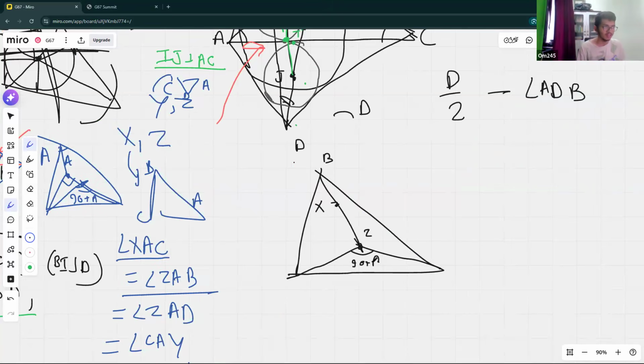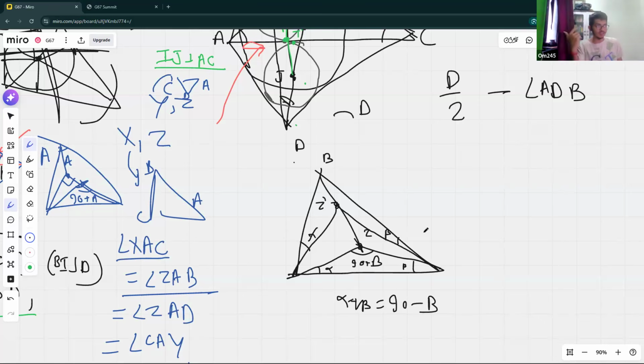So consider Z' as the isogonal conjugate, and Z' has to lie on the angle bisector again. If you calculate this angle alpha and this angle beta, then alpha plus beta is equal to 90 minus B. But then this angle is also alpha and this angle is also beta by isogonal conjugate.